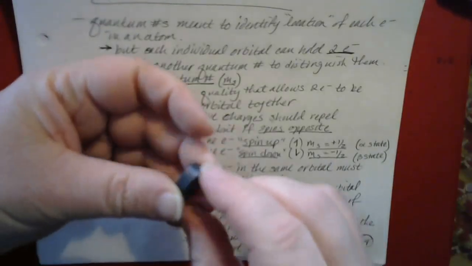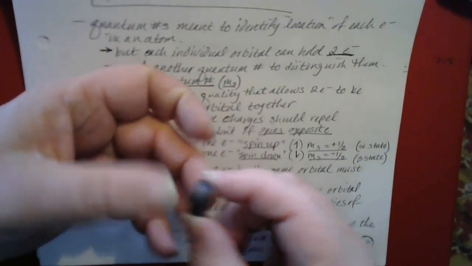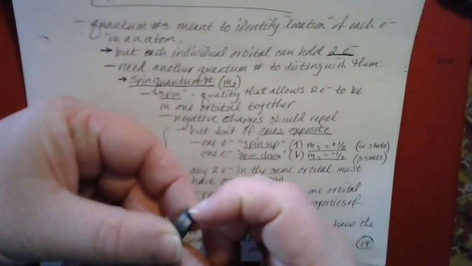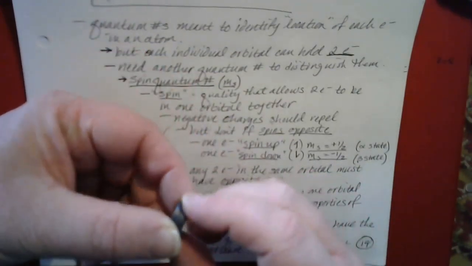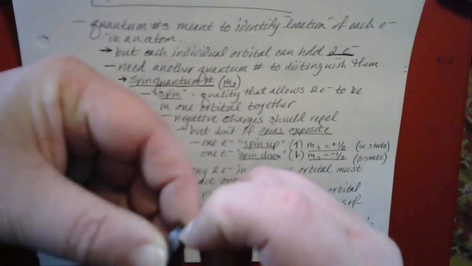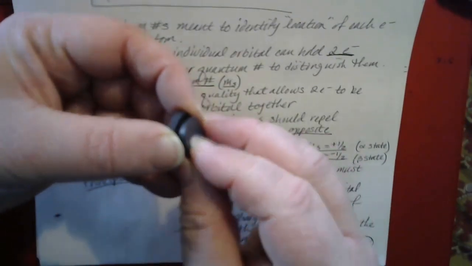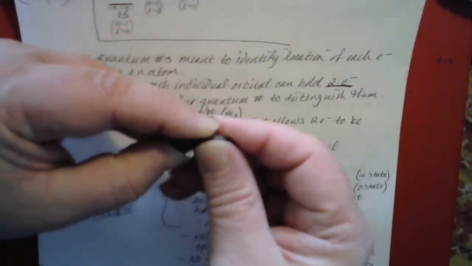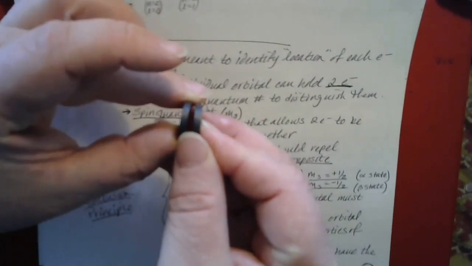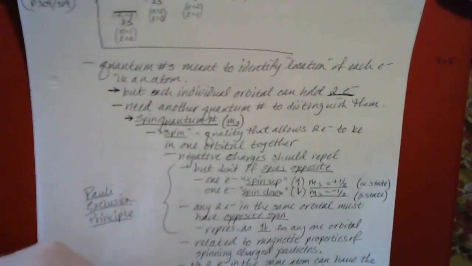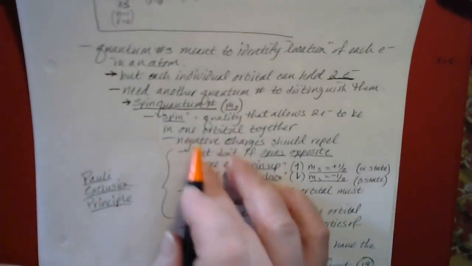If I take these 2 little magnets here, they're stuck tightly together because they're stuck together north pole to south pole. If I try to turn them around and get them to come together, whoa, yeah, north to north or south to south, as you can see, it jumps right on my hand. It really doesn't want to do that. Boom, there you go. And that's what you'd expect electrons to do. They're negatively charged, so they should repel each other.